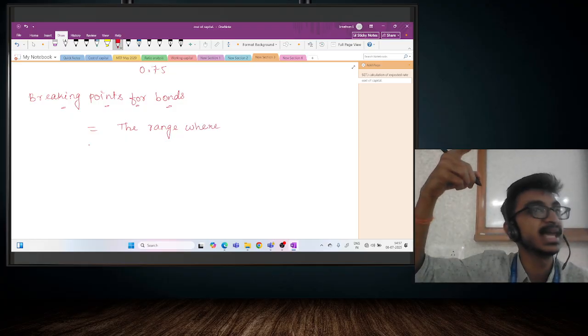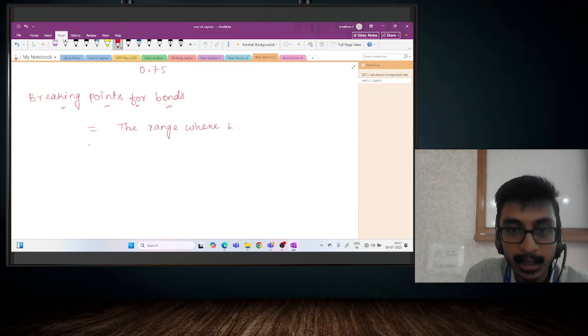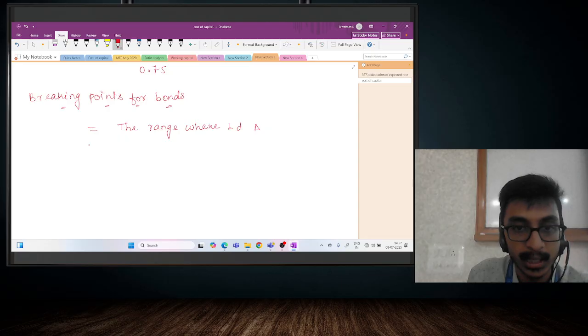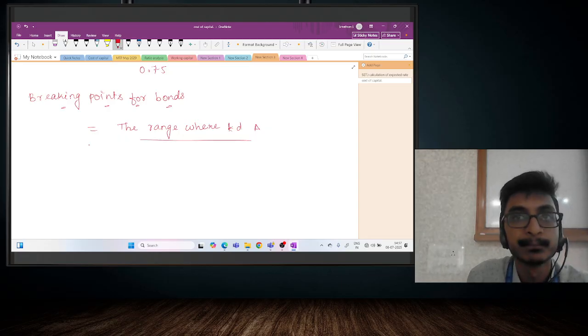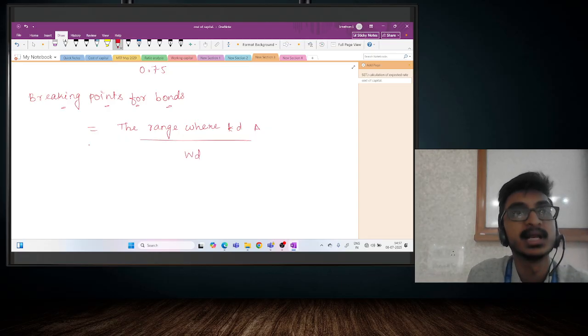For equity it is the range where KE changes. So here it is the range where KD changes, divided by weight of debt.